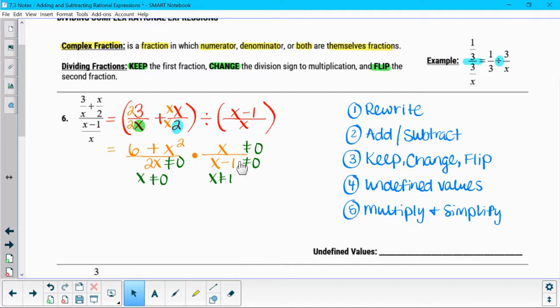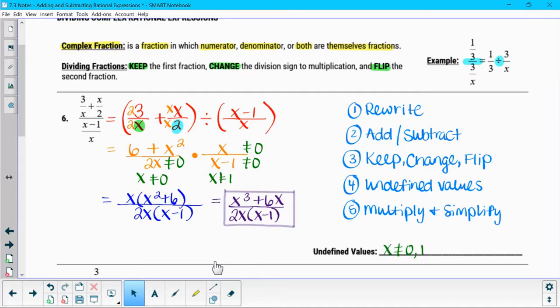Now that I have turned this into a multiplication problem, that is our favorite. All we have to do is numerator times numerator, denominator times denominator. That is going to give me x times x squared plus 6 all over 2x times x minus 1. I'm going to distribute this x out to be x cubed plus 6x all over 2x, x minus 1.